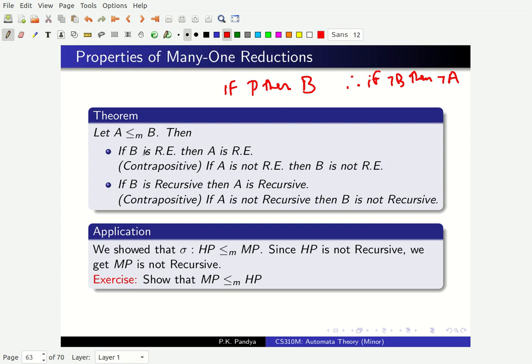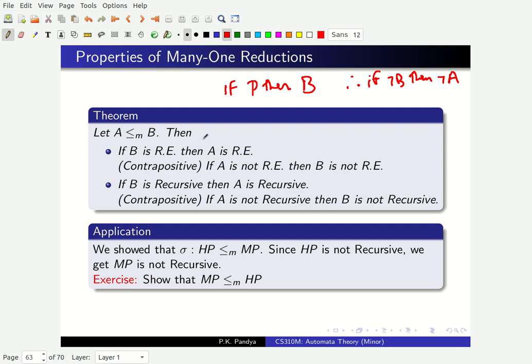So if we apply this in contrapositive, we get the following result. If A is not RE, then B is not RE, right? That I can show. It is the same statement as this. And the contrapositive of the other: if A is not recursive, then B is also not recursive, right?